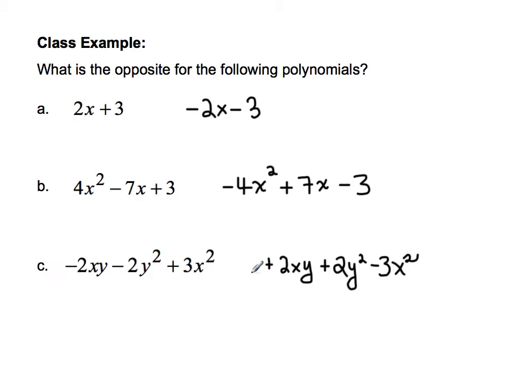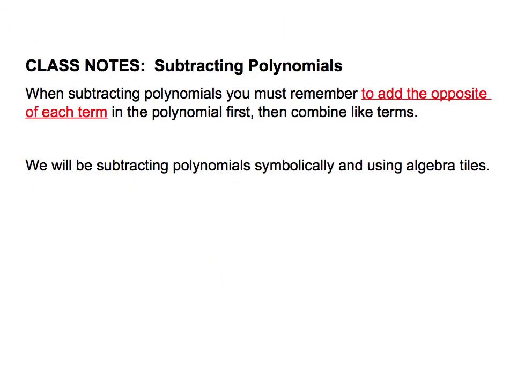Negative 2y squared, I need a plus 2y squared. Plus 3x squared, I need a minus 3x squared. So these two trinomials are opposite polynomials. We're going to use this concept in order to subtract polynomials. In Lesson 3, or sorry, I think in Unit 3, we talked about, and I'm just going to write this down here.